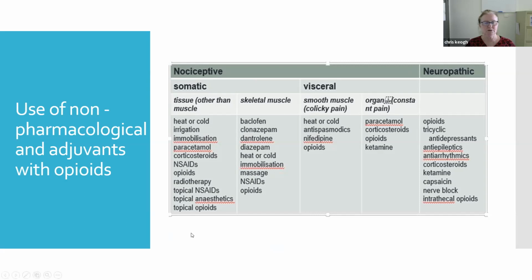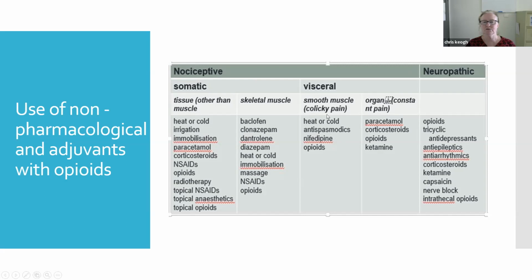Sometimes they use topical opioids. We used to use them with pressure areas and things. And then skeletal muscle, so baclofen, for stopping cramping type pain, clonazepam, which is a benzodiazepine that helps you to relax as well, diazepam being the same, but also the same things, heat and cold, immobilization, massage, non-steroidals and opioids. So a lot of them do crossover.